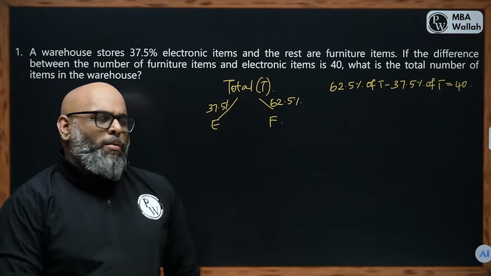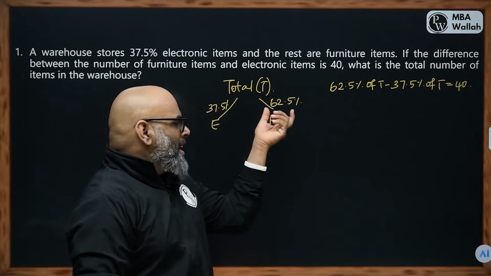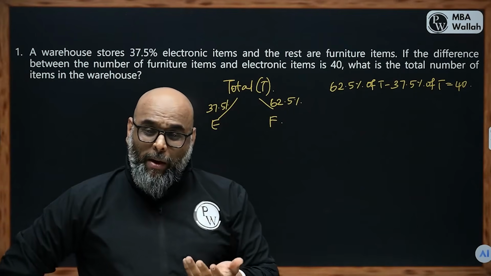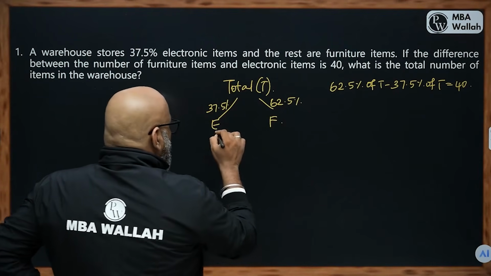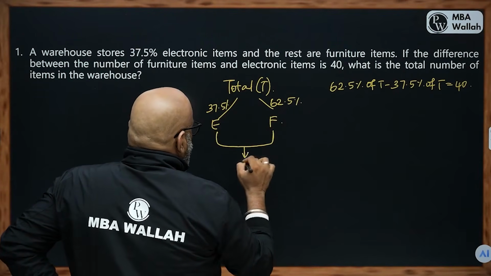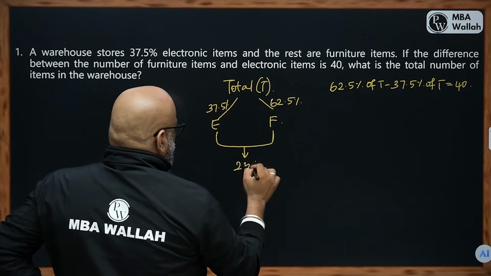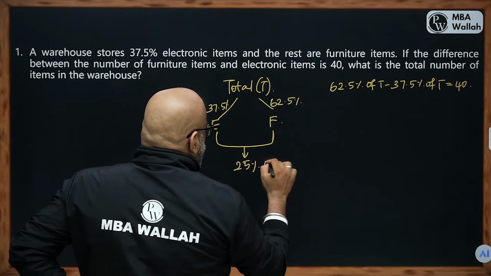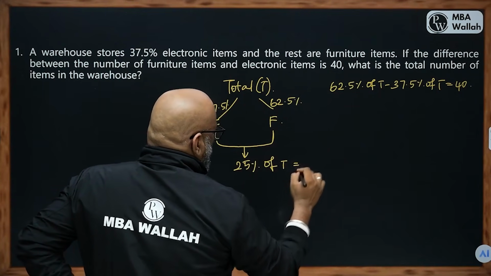But the simpler way would be to look at this as, hey, 62.5%, the other one is 37.5%. The gap between them is 25%. So we can conveniently say 25% of the total is equal to 40.